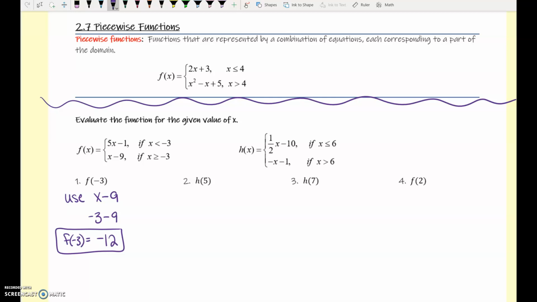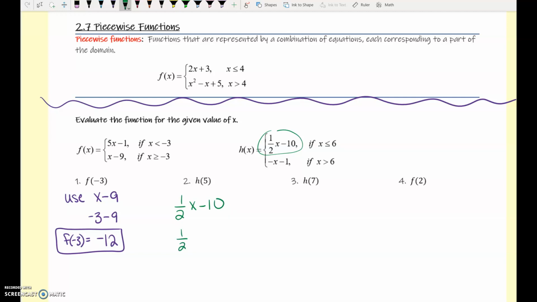Number 2 is asking you to do h of 5. H is this function on the right. Is 5 less than 6 or bigger than 6? Less than 6. So we're going to use the top function, 1/2 x minus 10.